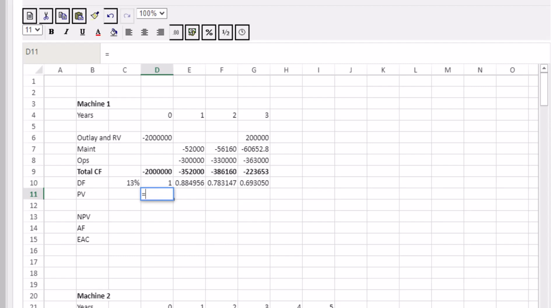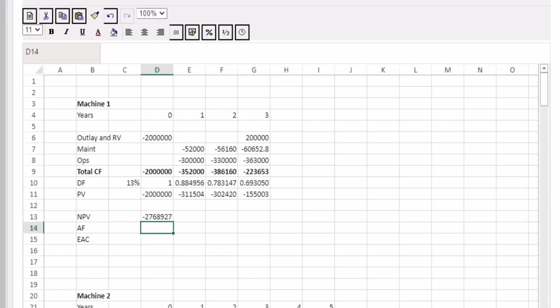We now simply times the total cash flow by the discount factor, copy across, and now we're ready to find the net present value as the sum of those present values. And then again, you need the annuity factor for 3 years at 13%.